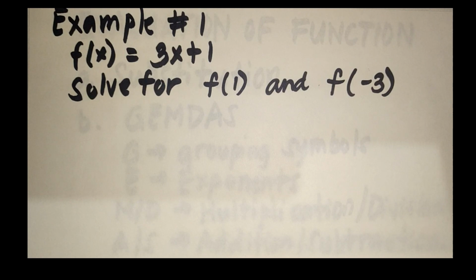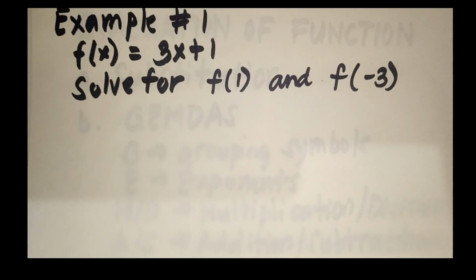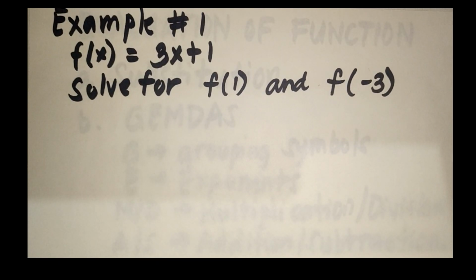Example number 1. We have f of x is equal to 3x plus 1, and then we need to solve for f of 1 and f of negative 3. So in that case, we will solve first for the f of 1.